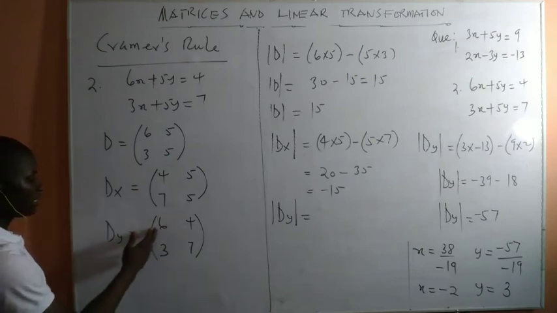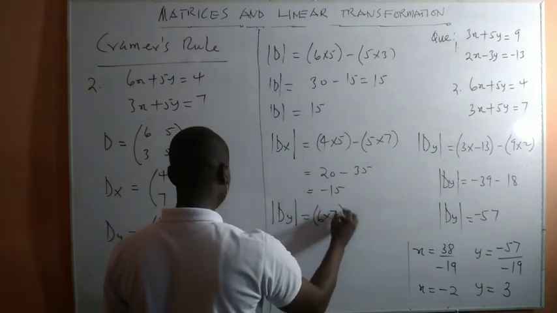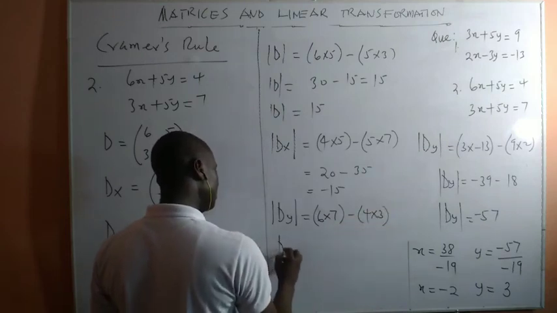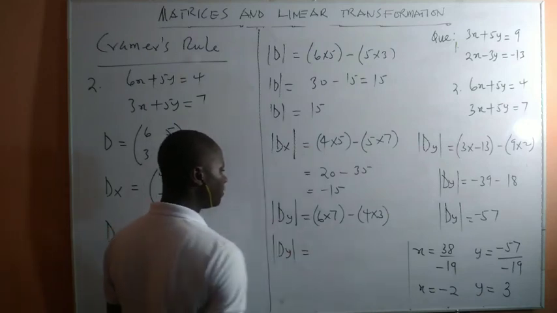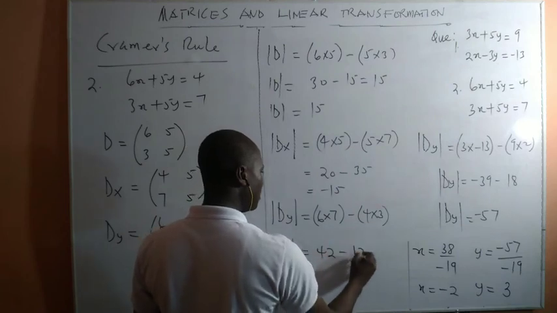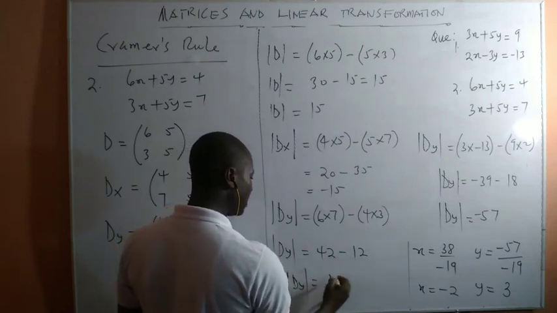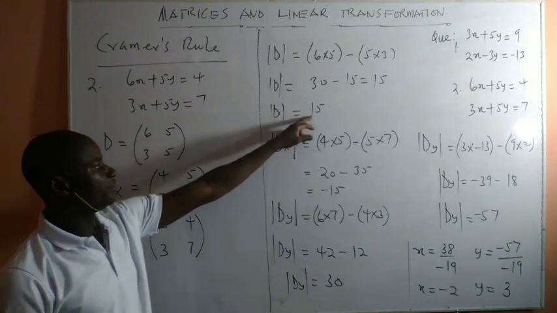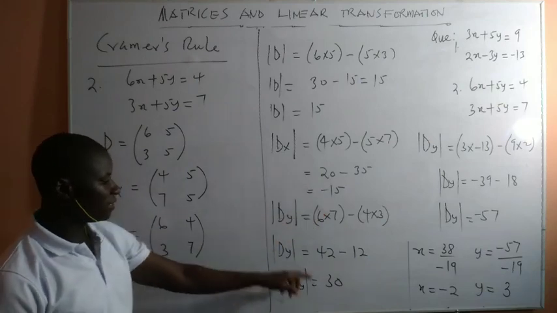So the determinant will be 6 times 7 minus 4 times 3. 6 times 7 gives us 42, then minus 12, so 42 minus 12 gives us 30. So now we know the determinant of the coefficient matrix is 15, the determinant of the X matrix is minus 15, and the determinant of the Y matrix is 30.